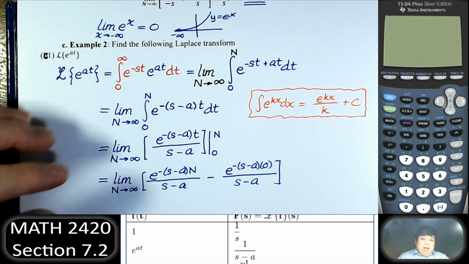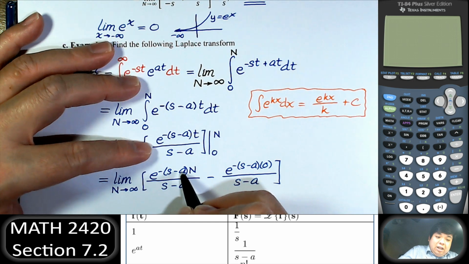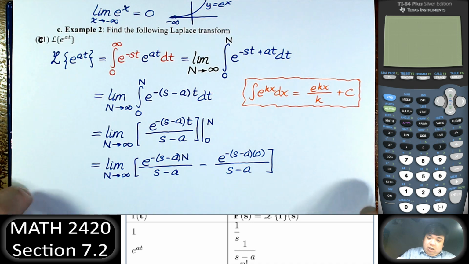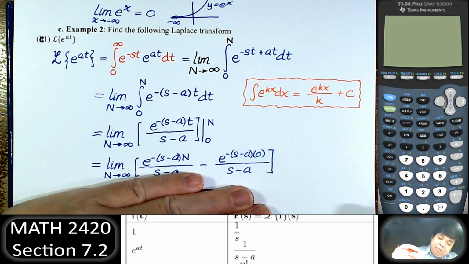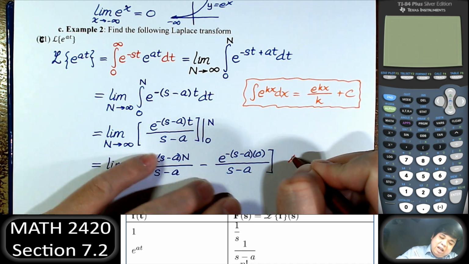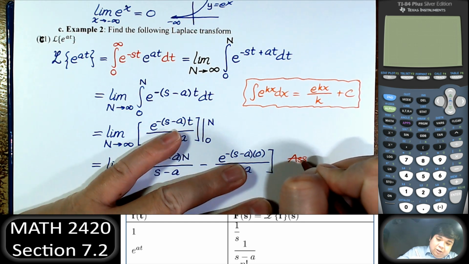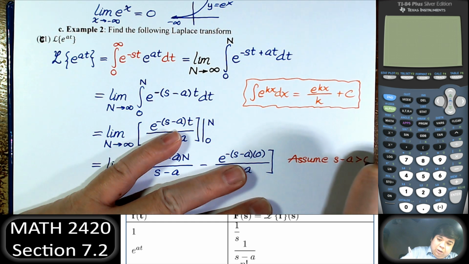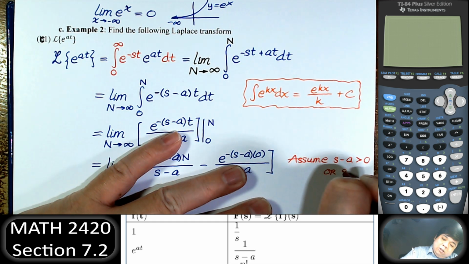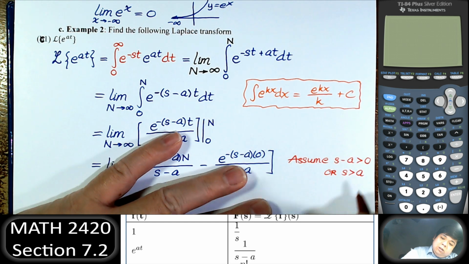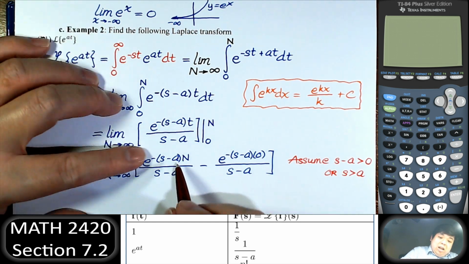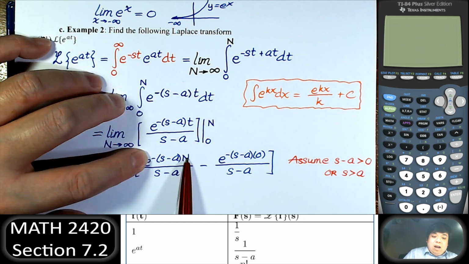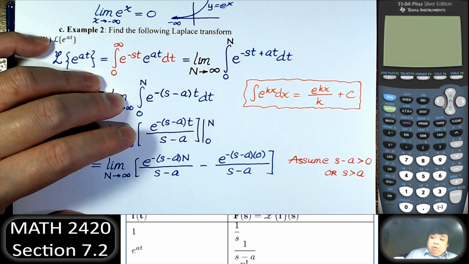Now, if we assume s minus a is positive, that is, s greater than a, then n times the negative goes to negative infinity.